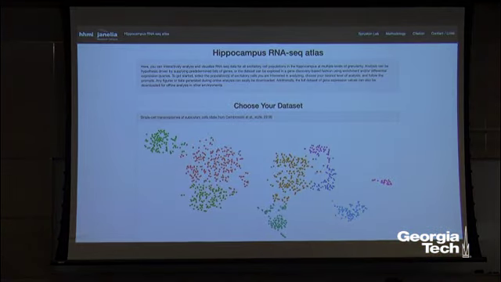Okay, so we started studying the diversity of neurons in the hippocampus. And we used a method called RNA-seq, which allows us to determine all the genes that are expressed in any particular cell. And we've done several studies using this method, and we've created this database called the Hippocampus RNA-seq Atlas, or hipposeq.